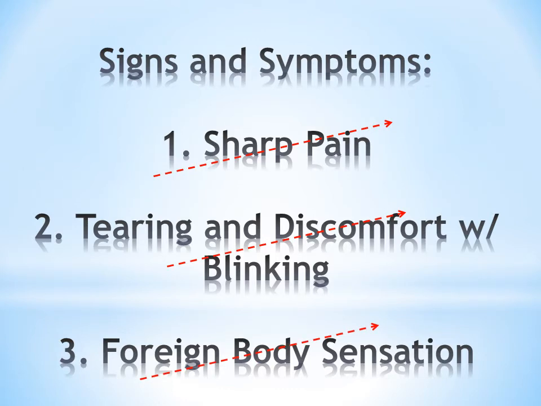Patients can also present with photophobia, meaning pain when light enters the eye. They can also come in with a swollen eyelid and share a history of scratching or hitting their eye.